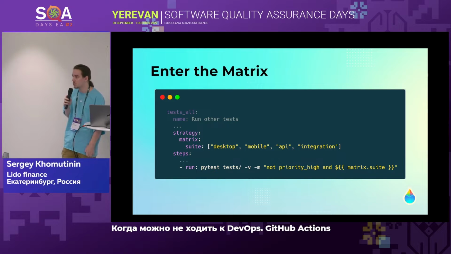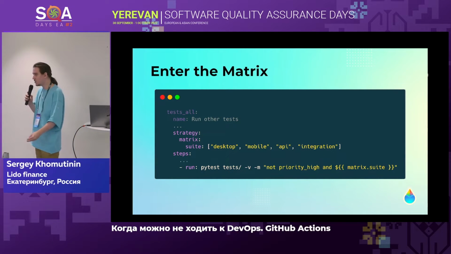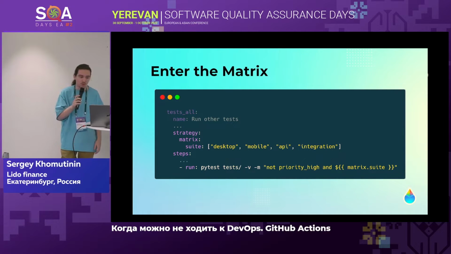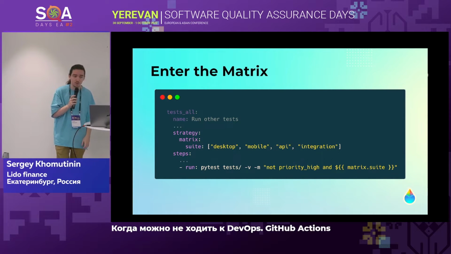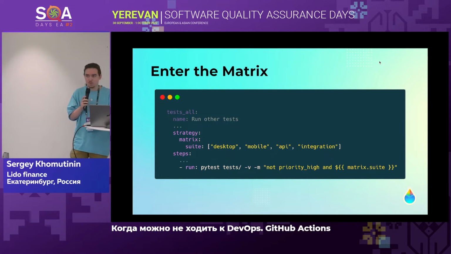They have 7G memory, and it's a bit hard to run those in parallel due to production constraints. But we could split them up by topic, for example, for integration or for desktop, and run them separately.